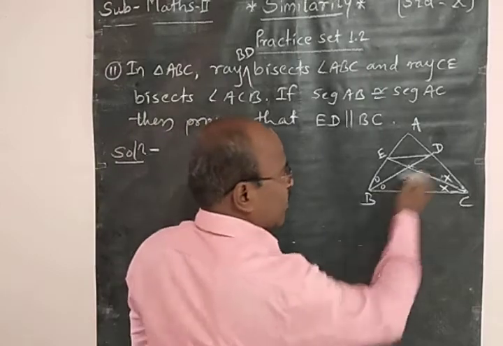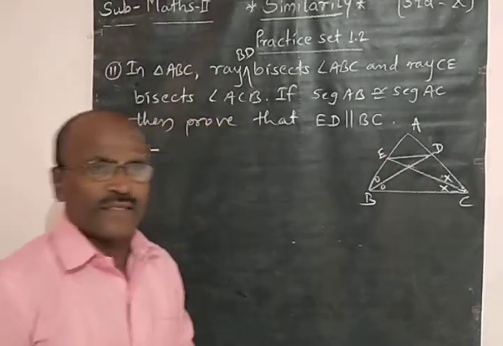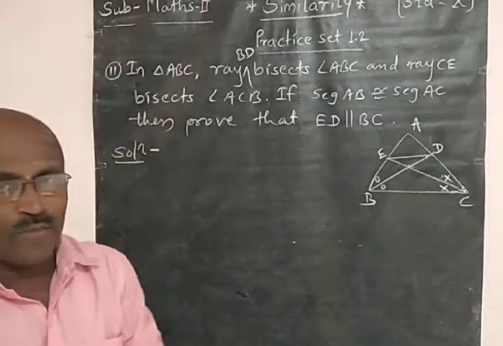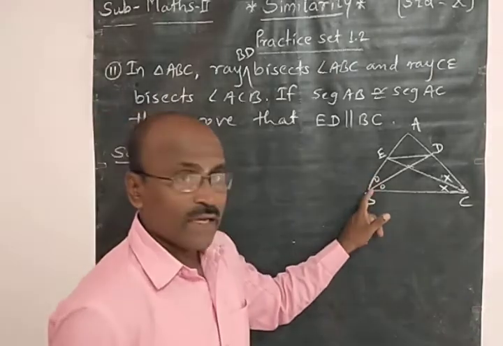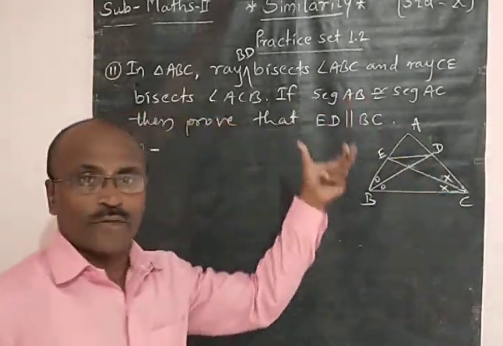Look here, we have to use the property of angle bisector of a triangle two times, because two angle bisectors are given here.